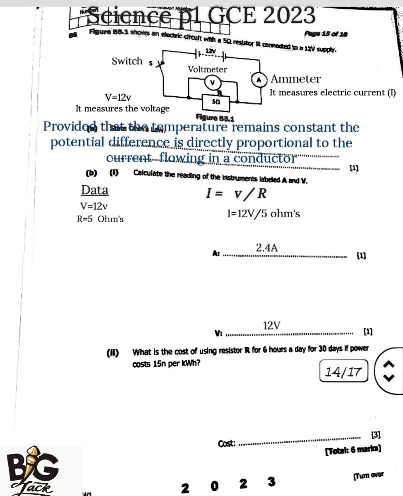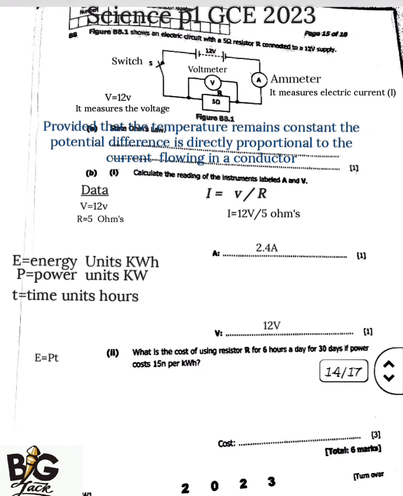Energy is equal to power multiplied by time. Energy is measured in kilowatt hours, power is measured in kilowatts, and time is measured in hours.